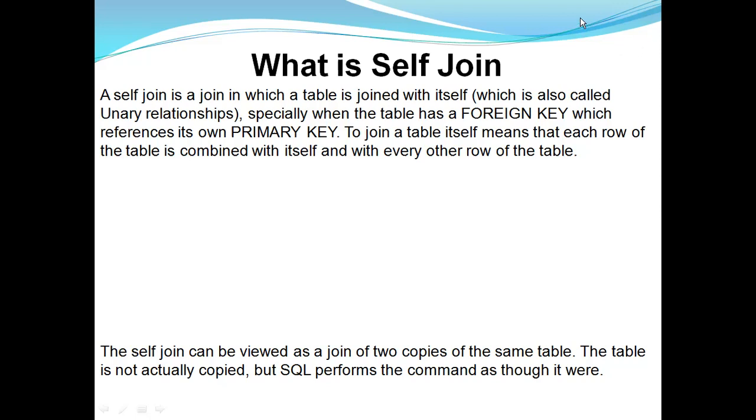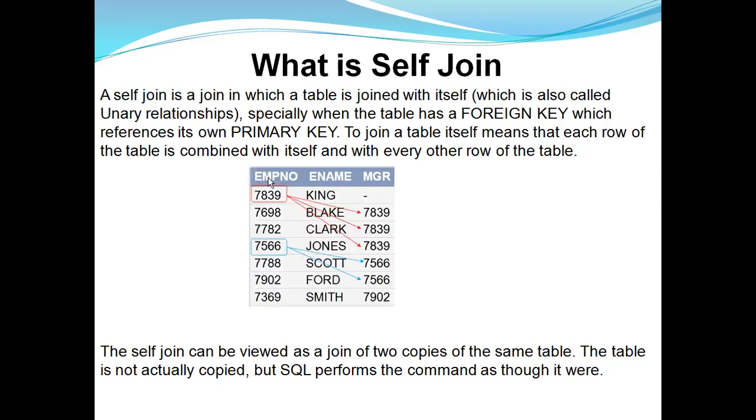And it is mostly used when you have a table which has a foreign key that takes input from the same table's primary key. Now for an example, we have a table. So look at this table.